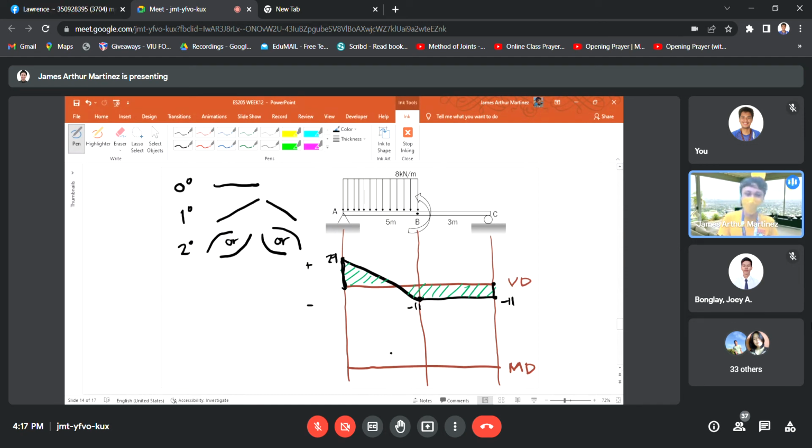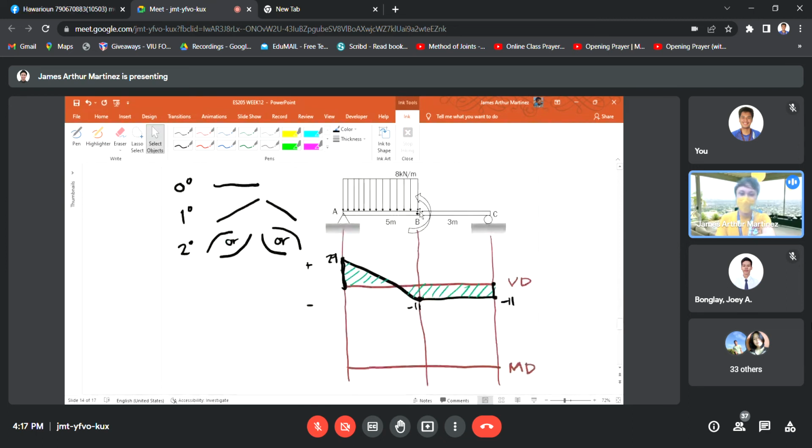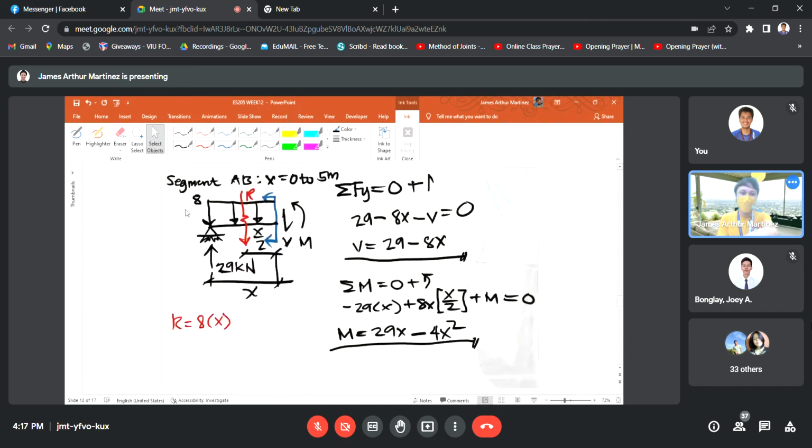Now, let us now graph or plot, no, the moment diagram for this given external loading. Sige. So for A to B, or segment A to B, we have equation for our moment in that segment: 29x minus 4x squared, no?